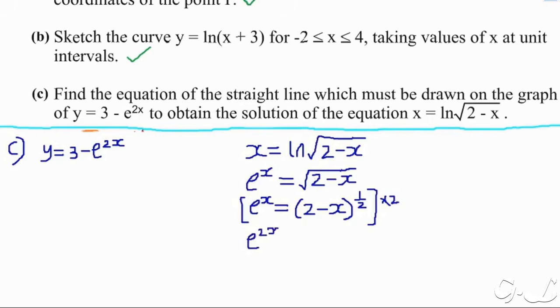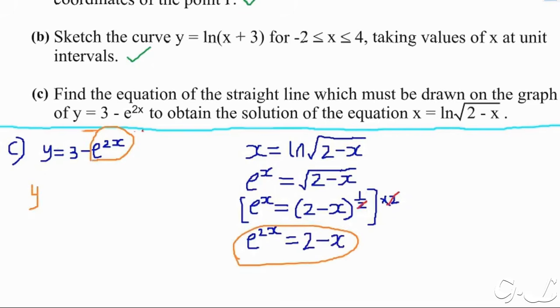So it will be e to the 2x is equal to 2 minus x. Again, 1 over 2 multiplied by 2 is the same as 1, so there is no need of us writing to the power 1.